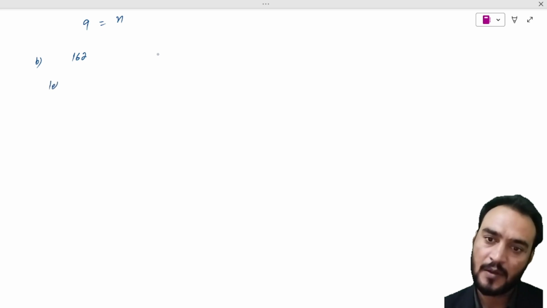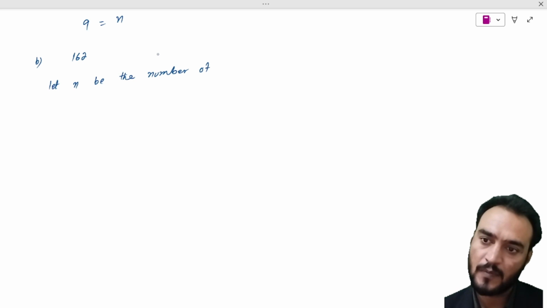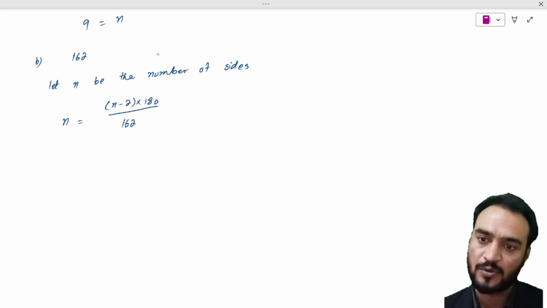So let n be the number of sides, then n will be equal to the sum of interior angles, which is n minus 2 times 180, divided by the given angle, that is 162. Multiplying 162 on the left side, we get 162n equals 180n. Multiplying n with 180 and multiplying minus 2 with 180, we get 360 degrees.